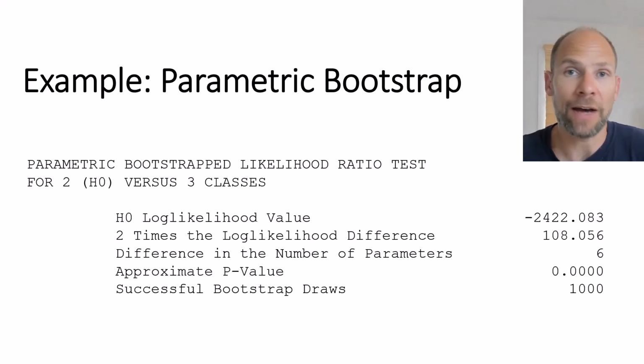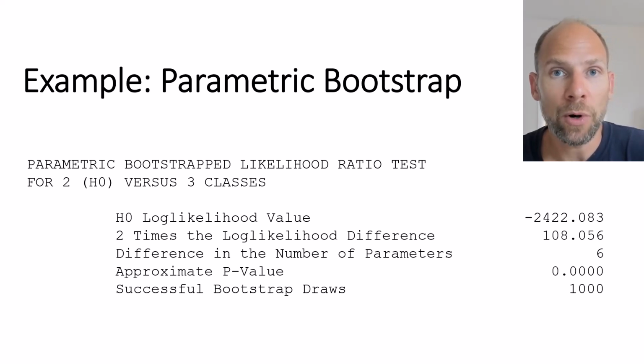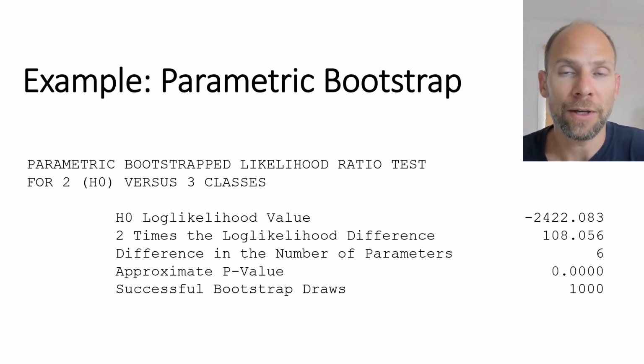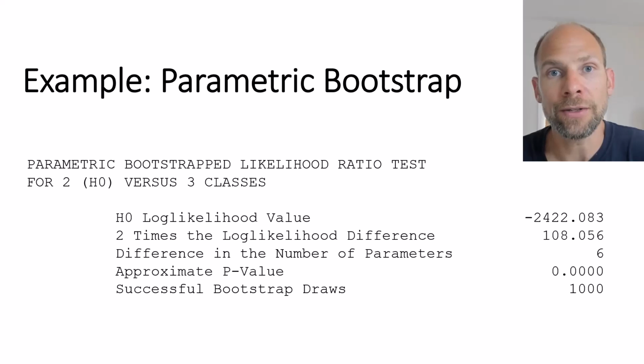Now this has the advantage that it is a more stringent criterion than a BIC value, and there's a statistical decision criterion that you can set a priori, where you say my alpha level is, for example, 0.05, and I'm going to reject if it's smaller than or equal to 0.05 later on. So that's a little bit more stringent.